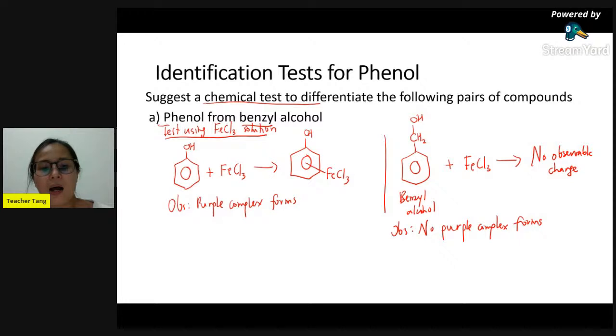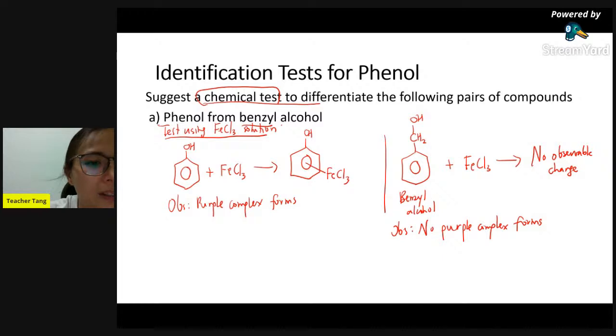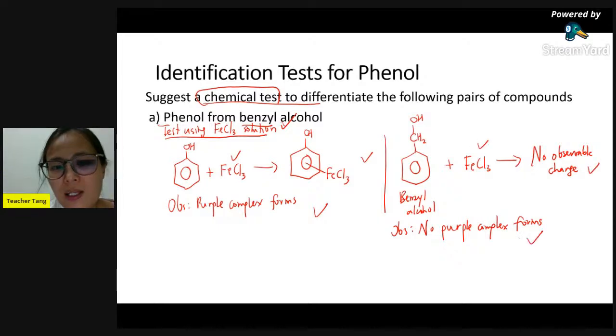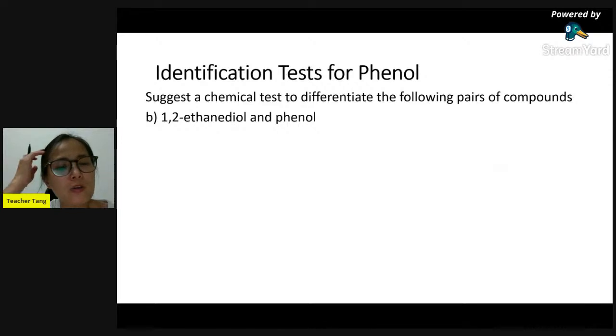Then now we move on to look at, so again, always check. So chemical test, we must have the name of the chemical test, reagent, equation, and the observation. So we have all the 4 things. Yeah, we get full marks. Then now we move on to look at the second question.